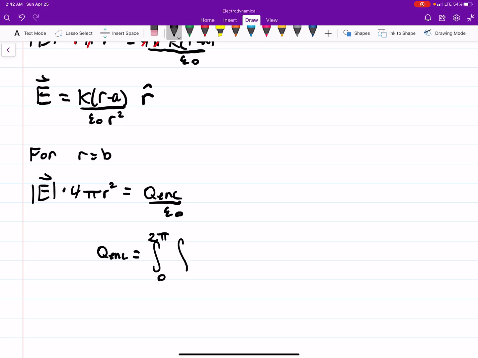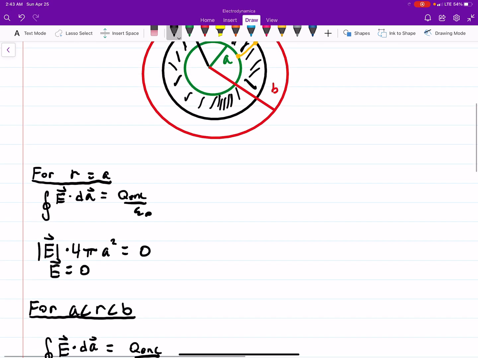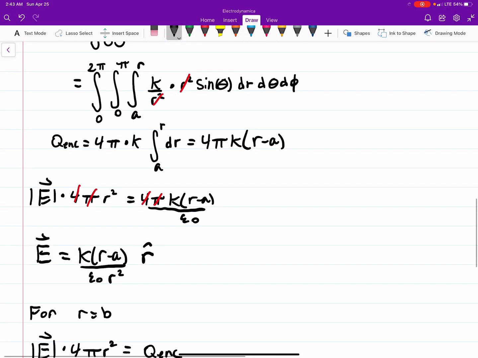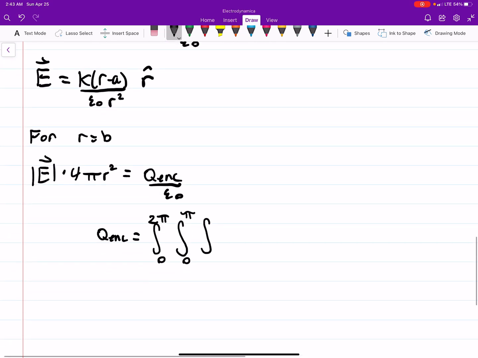It'll be the triple integral. Same exact reason. The only thing that's going to differ here is now our bounds of integration are going from a to b, because that's where our charge is. So you can think of like going from here to here. And the other integral we did earlier, there's obviously no charge inside, so you don't need to do that. So here we're integrating from a to b.